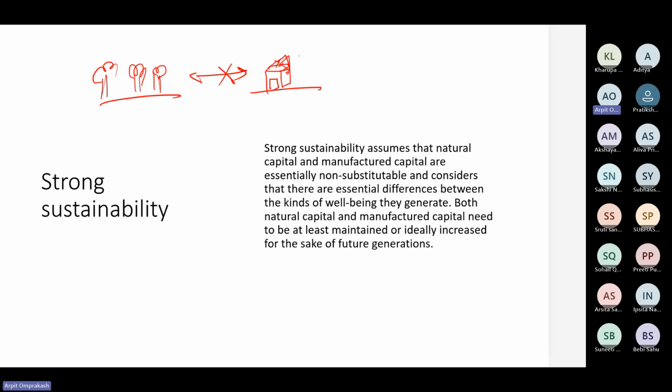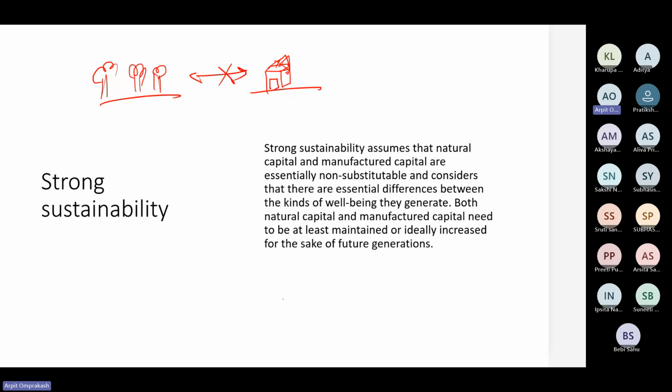You cannot just cut up these trees and place a house here like it's the same thing. It is not. Right. So the kind of well-being that both of them generate are different. Strong sustainability also says that both natural and manufactured capital need to be at least maintained or ideally increased for the sake of future generations.